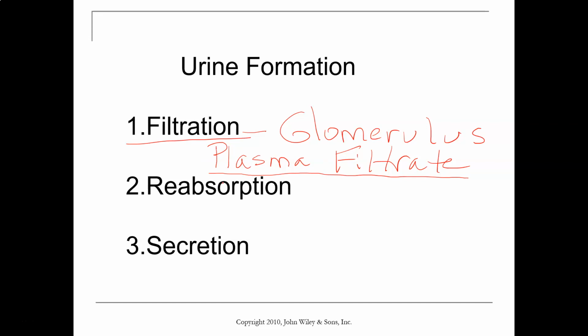So that is why we need these other two steps, reabsorption and secretion. Reabsorption and secretion are going to modify the plasma filtrate so that by the time you get to the end of the kidney tubule, it really is urine and doesn't have things in it you want to keep.